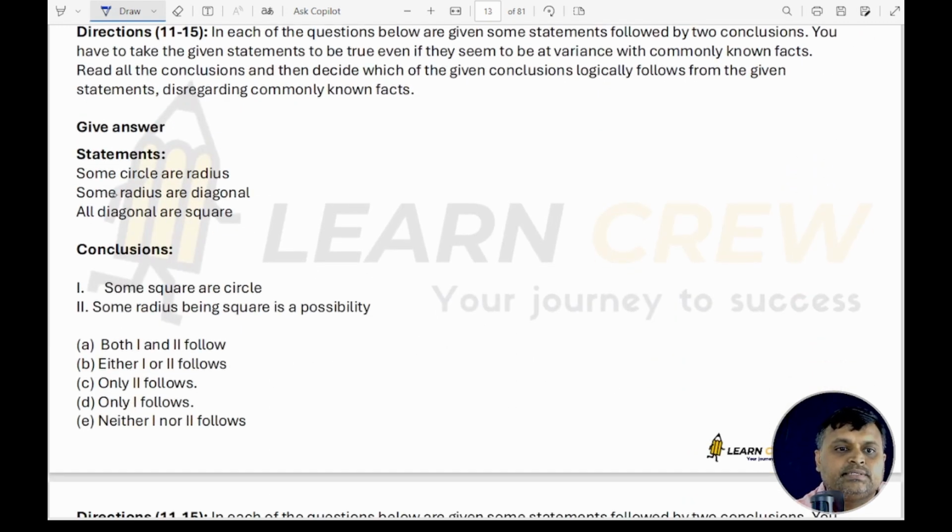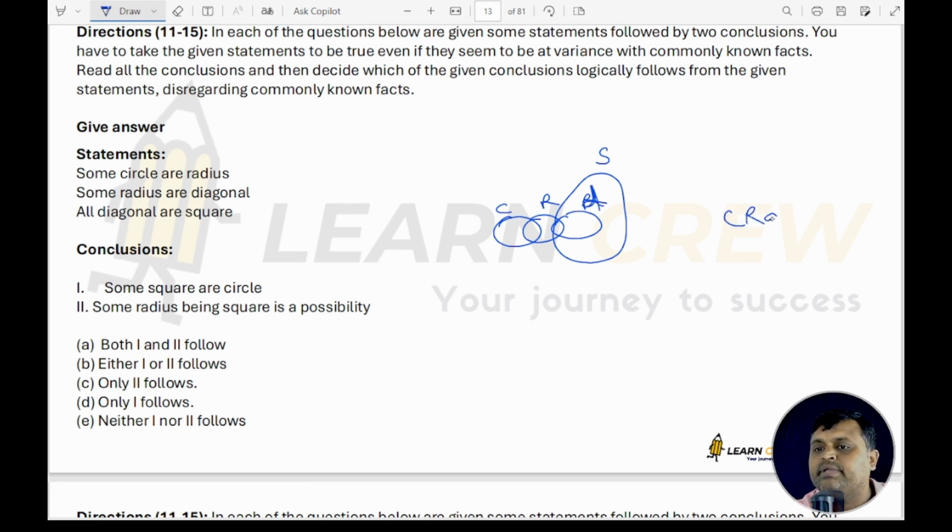Next. Some circle are radius. Some radius are diagonal. All diagonal are squares. So all are positive statements, so I am taking all in one circle. Thereby some square are circle. Some square are circle, here it is wrong.